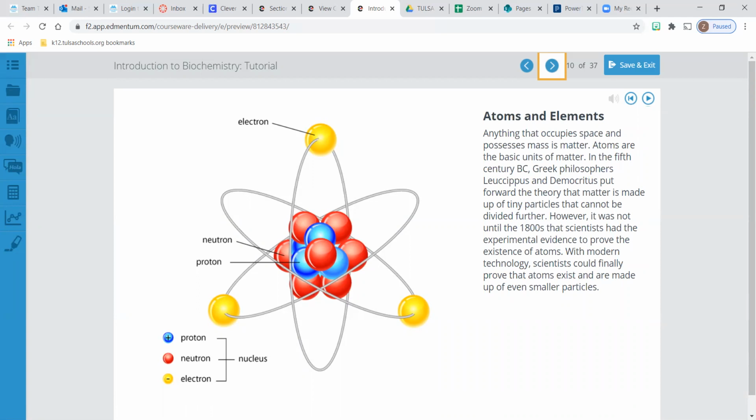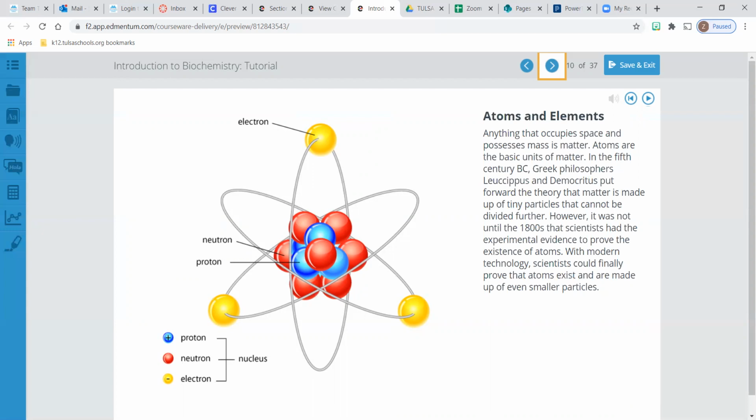So take it way back to the 5th century BC, before the Common Era. Greek philosophers, I'm going to go with Leucippus and Democritus, put up a theory that matter is made up of tiny particles that can't be divided further. But we didn't really know until the 1800s, we didn't have experimental evidence, right?